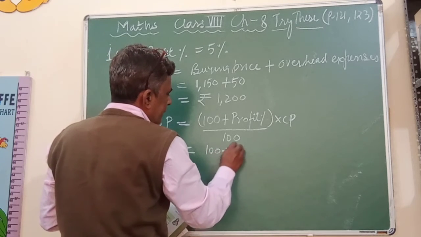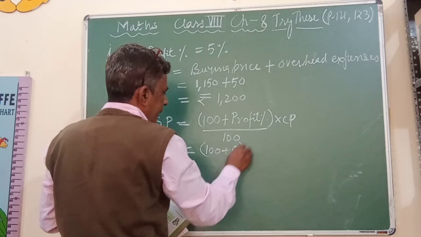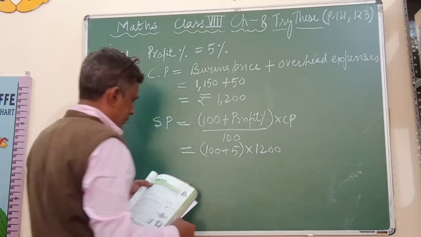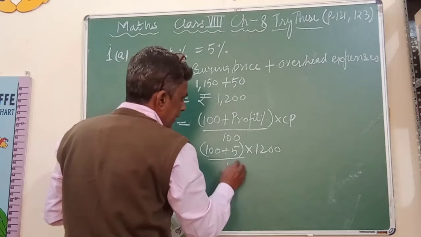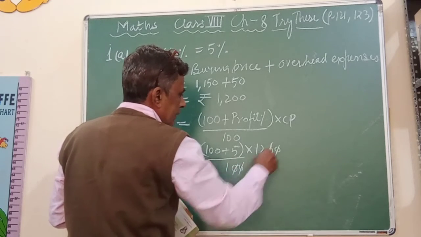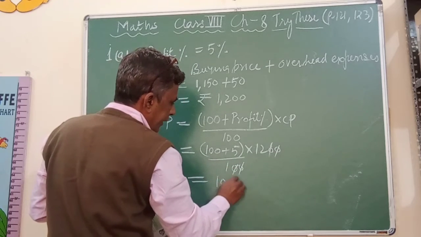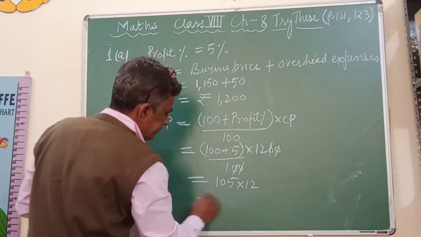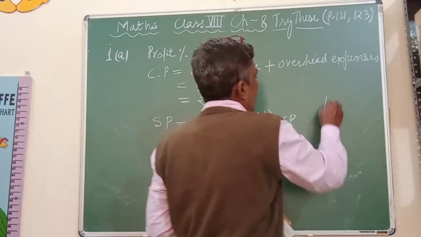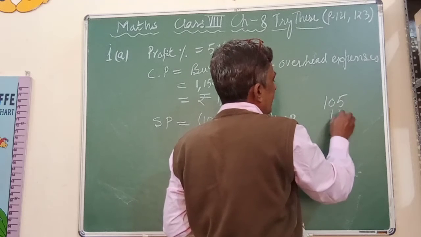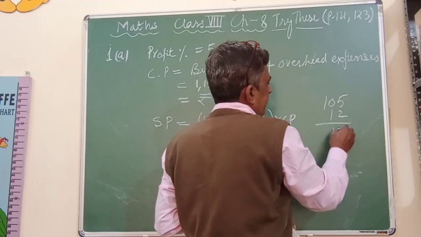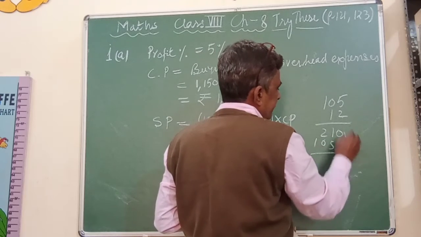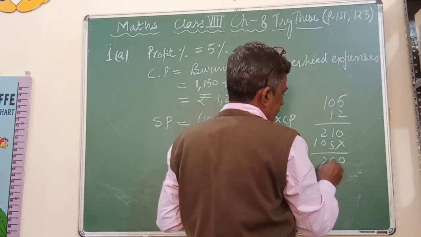100 plus 5, the profit percent is 5% and the cost price is 1200, upon 100. 105 into 12 upon 1, we don't need that 1. 105 into 12 gives 1260.